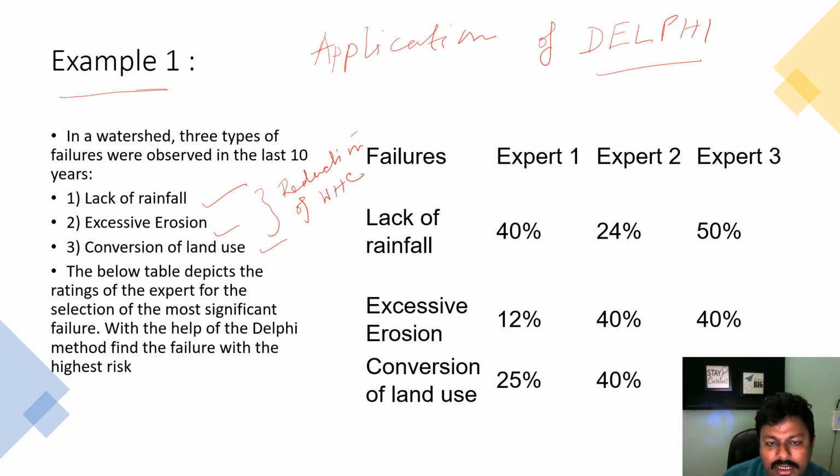But when you convert that forest into agricultural land, a large area of land is exposed, and the impervious area increases.